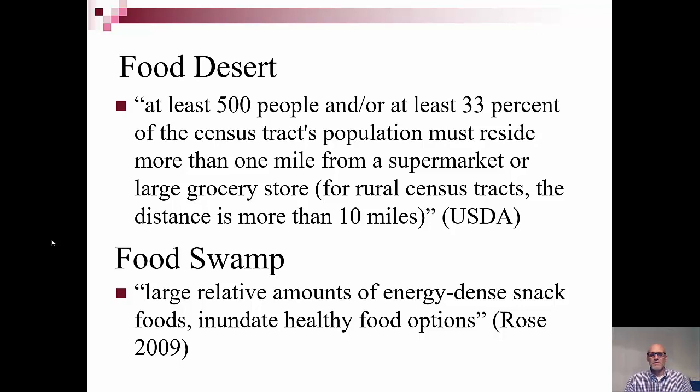So typically, if we look at food deserts, it's just the lack of accessibility to healthy food, where food swamps is just the over-inundation of unhealthy food compared to healthy food, no matter how you can measure that. And typically, when we explore food deserts, it's pretty concrete, but food swamps have different ways that we can measure those, because what we're really looking at in this presentation is the idea of what are the database needs and the geospatial needs when we do this type of research.